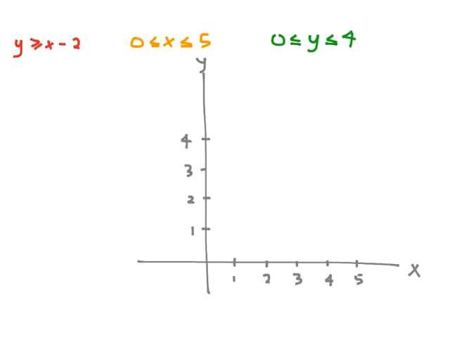To come up with the points, we first need to turn each inequality into an equation, by changing the inequality symbol into an equal sign. So the equation for y greater than or equal to x minus 2 is y equals x minus 2.